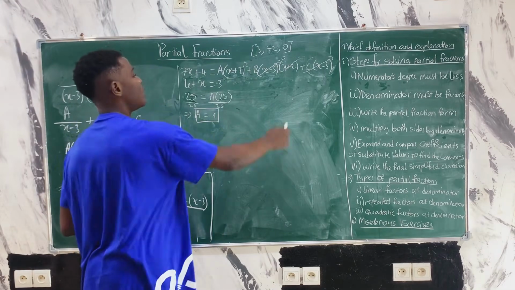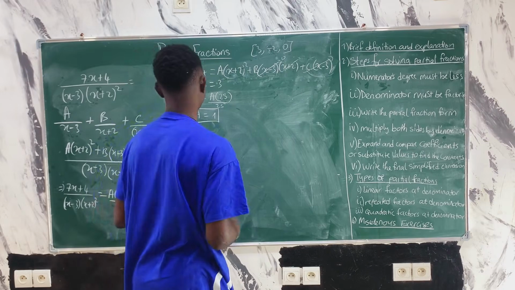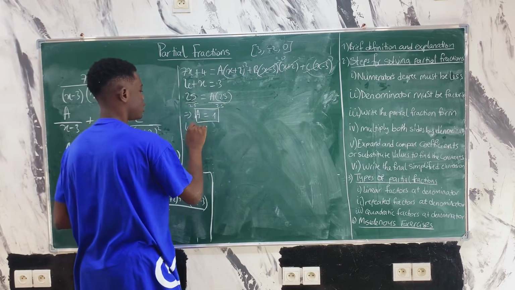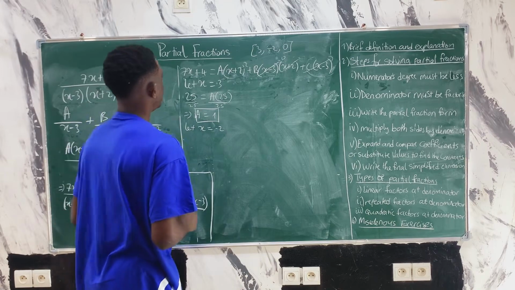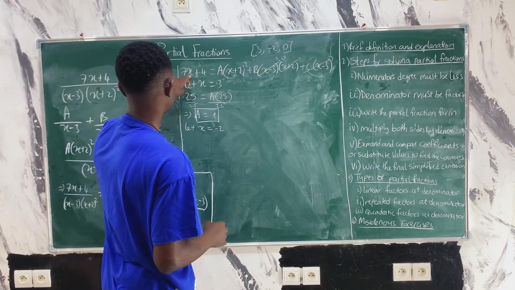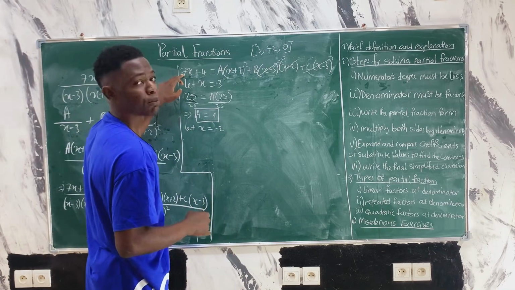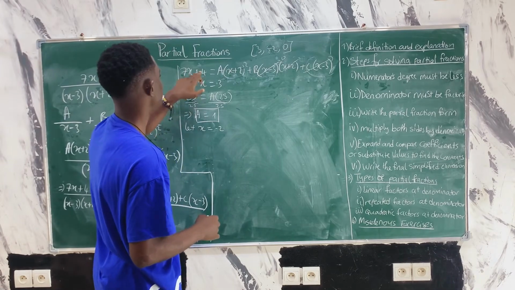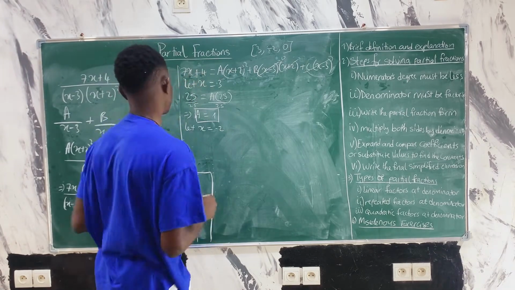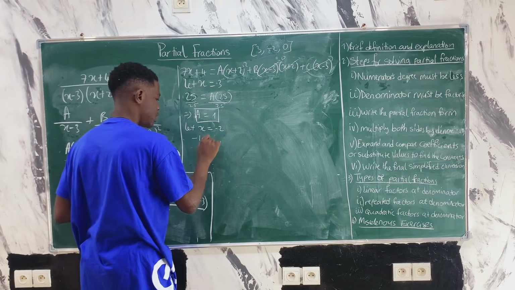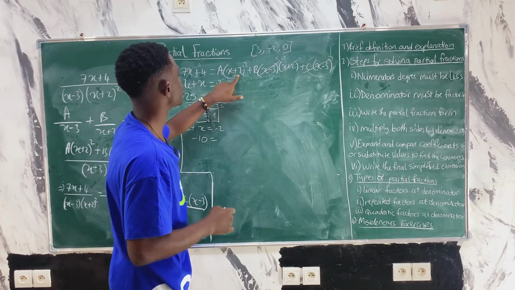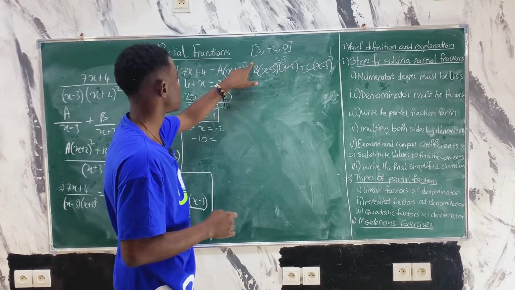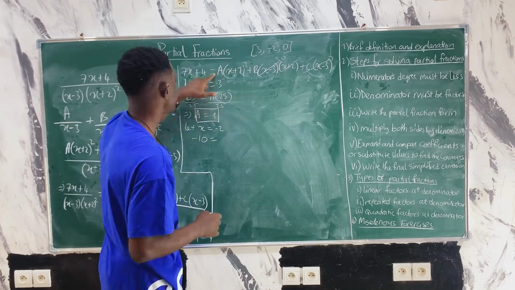So I can let x be minus 2 and find the next. So let x equal minus 2. I'll substitute minus 2 here. Minus 2 times 7 is minus 14. Minus 14 plus 4 is minus 10. So I have minus 10 is equal to, if I put minus 2 here, minus 2 plus 2 is 0. 0 squared is 0. 0 times a is 0.